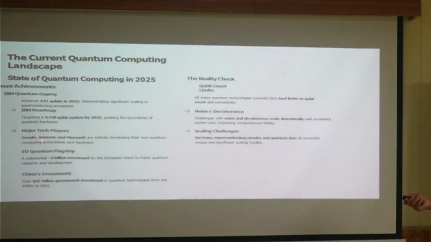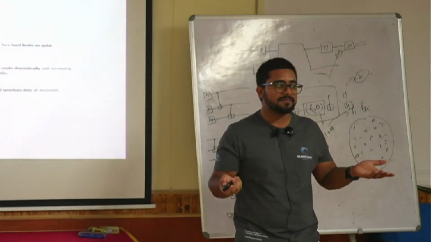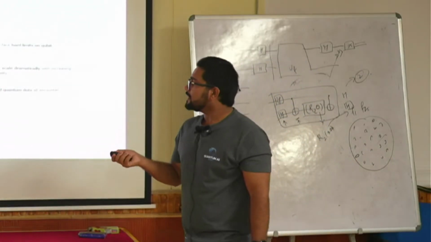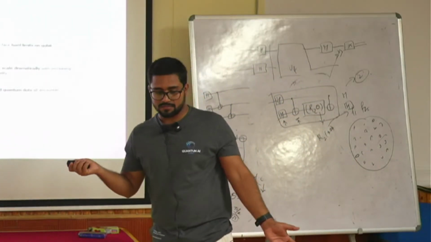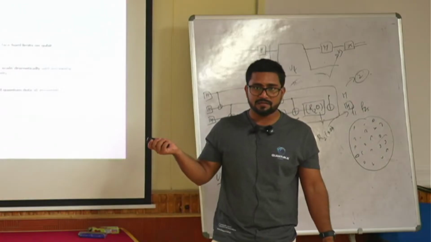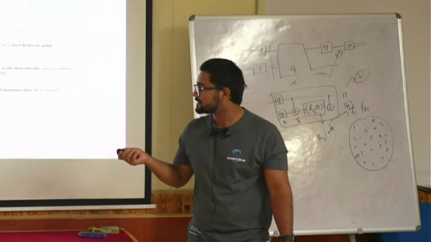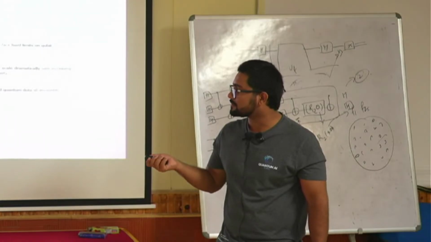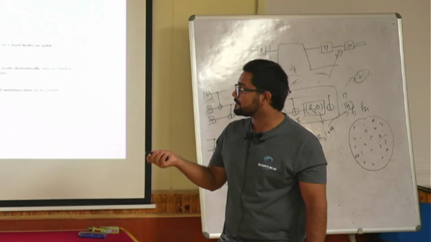Other major players like Google, Amazon and Microsoft are actively working on that, but IBM's progress is the best so far. The EU Flagship in the European Union is also making a lot of progress, and China has already heavily invested 25 billion in quantum computing.